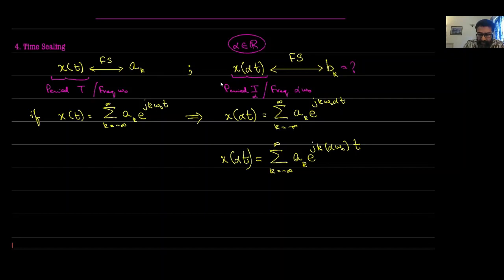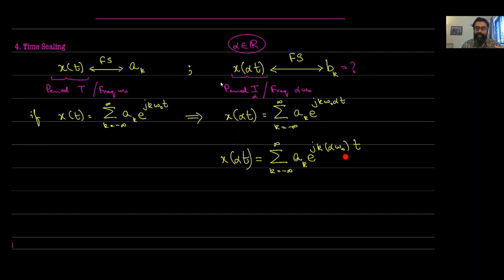From this expression, what I observe is that x of alpha t does have a Fourier series decomposition. Of course it should, but the Fourier series coefficients stay exactly the same. The only difference is that although the coefficients and indices do not change, the frequency is scaled, as we would have expected. If alpha, for example, is greater than 1, you would expect an increase in the frequency, because alpha greater than 1 is a time compression, and that corresponds to an increase in frequency.